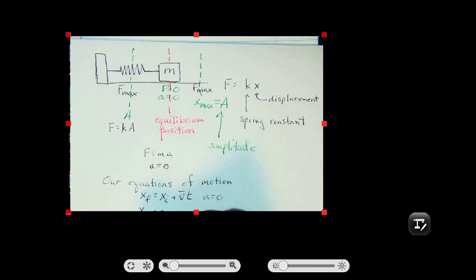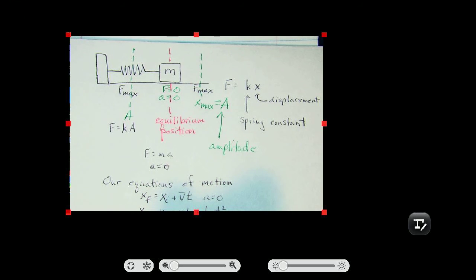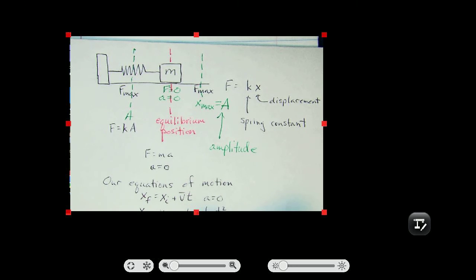We had x final equals x initial plus v initial t plus 1/2 at squared. We called that one Bob. That was when a is not 0. We had v final equals v initial plus at, and then v final squared equals v initial squared plus 2a(x final minus x initial). So remember, we had these equations of motion.